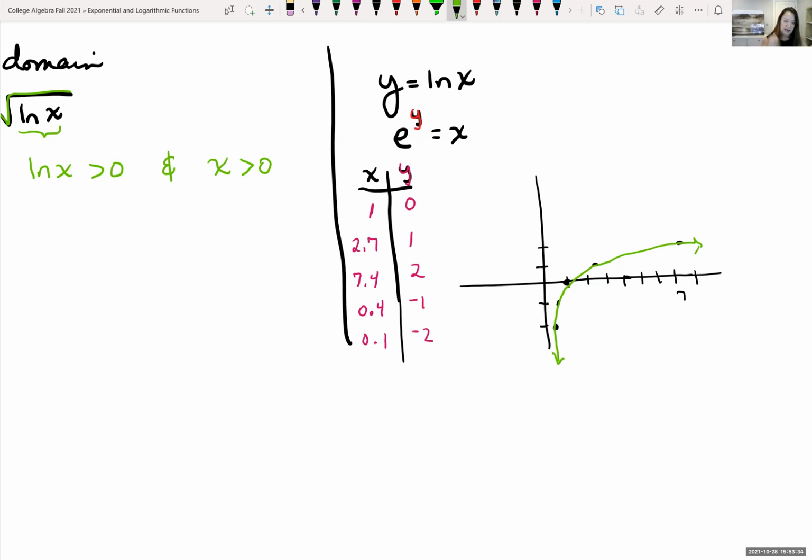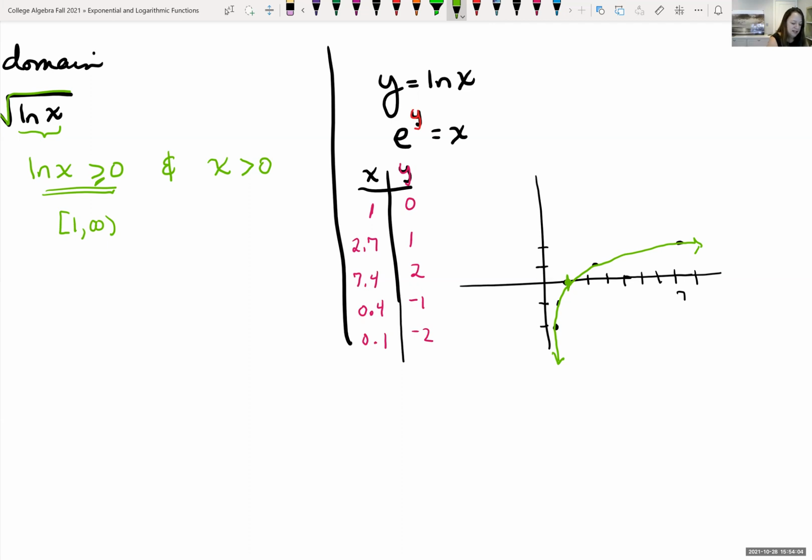And so if I'm looking at when is my natural log bigger than or equal to 0, it actually can equal 0 because we can take the square root of 0. This is changing at x equals 1. So this is for x greater than or equal to 1, or 1 to infinity.